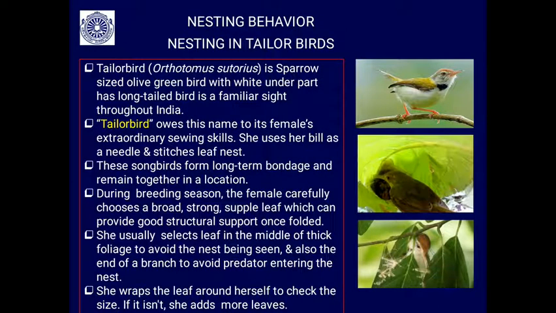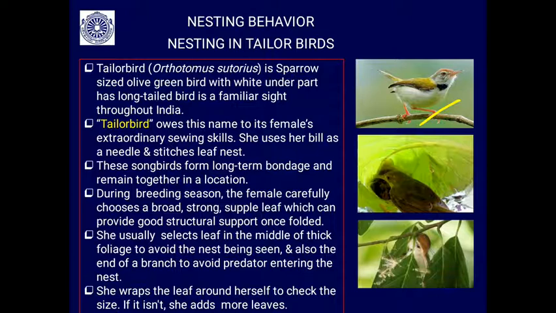So, nesting behavior in the Tailor bird, Orthotomus sartorius. It is a sparrow-sized, olive green bird with white underparts and a long tail, a familiar sight throughout India.